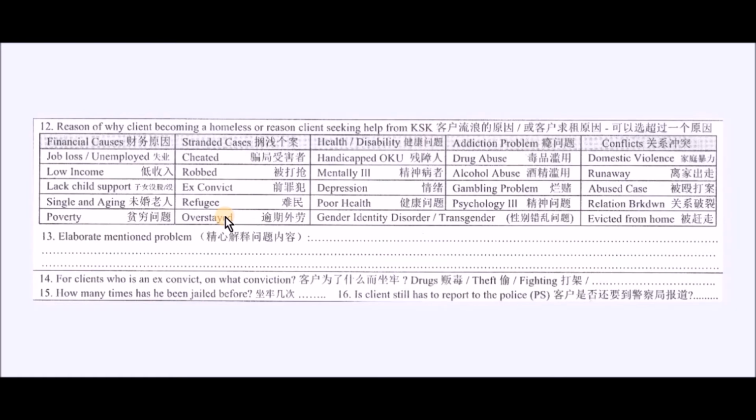Overstayed is for foreigners who are living in Kuala Lumpur with an expired permit. Moving on. Mentally ill means that the client has a mental issue which impairs their thoughts, emotion, behavior, and other functioning. Finally, psychologically ill, for example, is a client who is overstressed or over-worried.